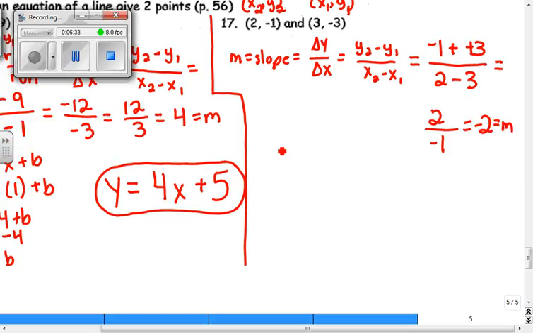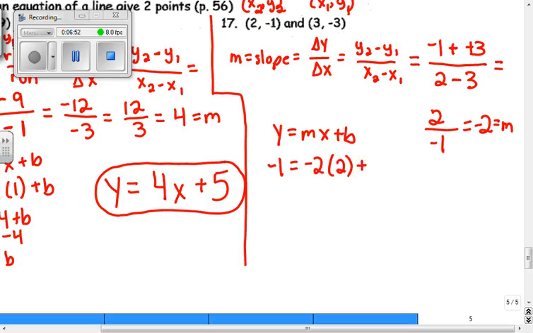Now that we know m, we have to find our b. So our format for a line is y equals mx plus b. Which point do we want to pick? It really doesn't matter. I'm going to use this point. So my y is negative 1. My m is negative 2. X is positive 2 plus b. Okay. Negative 1 equals negative 2 times positive 2, which would give me negative 4 plus b.